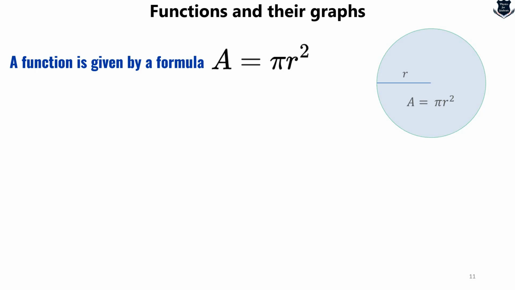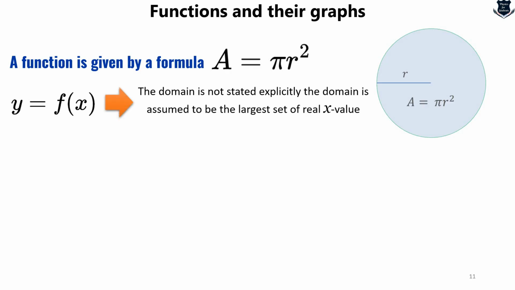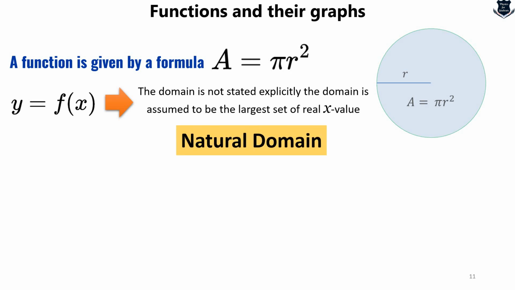So when we define a function y equals f of x with a formula, for example pi r squared, and the domain is not stated explicitly or restricted by context, then this is called the natural domain.